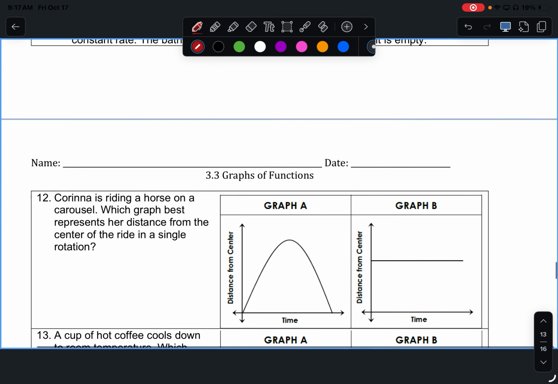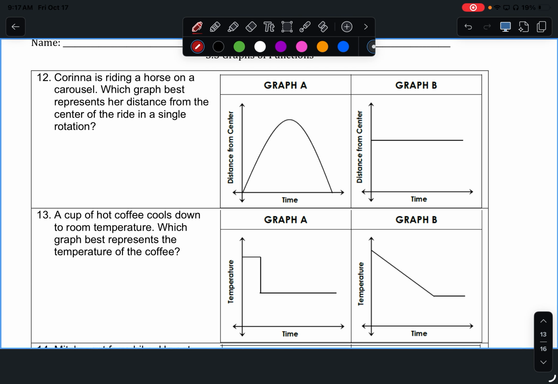All right. We're going to look at these graphs over here. Same thing. We just figure out which graph fits better with the prompt. So Corinna is riding a horse on a carousel. Which graph best represents her distance from the center of the ride in a single rotation? Is it A or B?